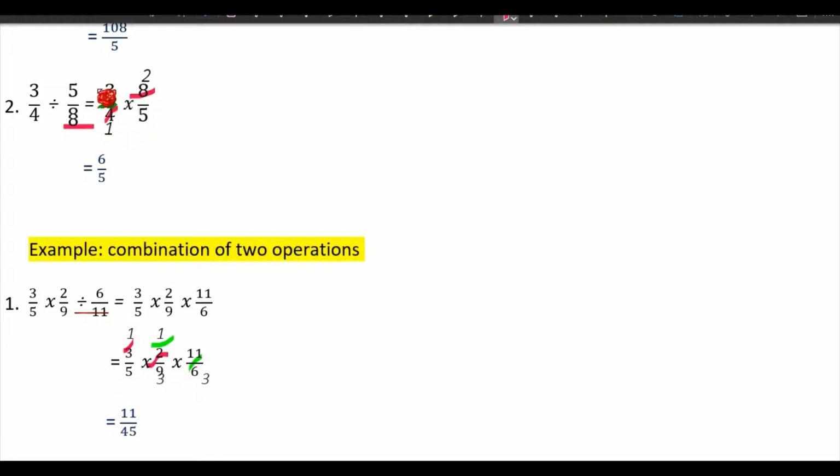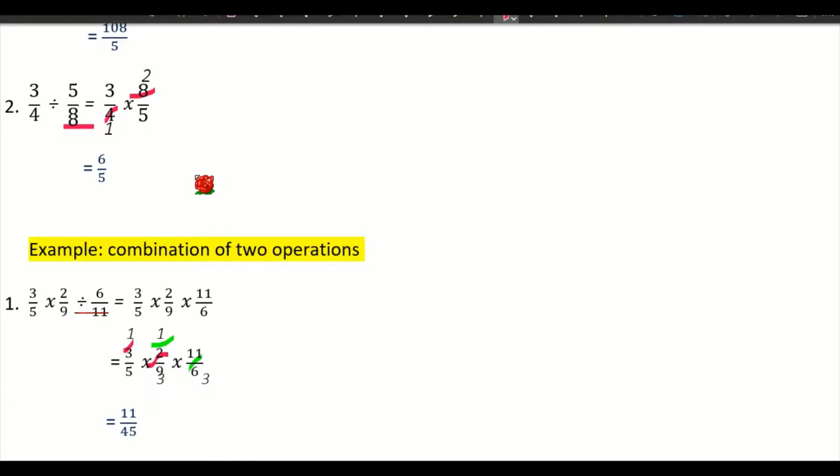But look at our given, class. 4 here and 8 here, they are both divisible by 4. So we can do cancellation first before we multiply so that our answer is already in simplest form. But if ever ayaw nyo siya i-cancel muna, you can also multiply 3 times 8, that will be 24, and 4 times 5, that will be 20.